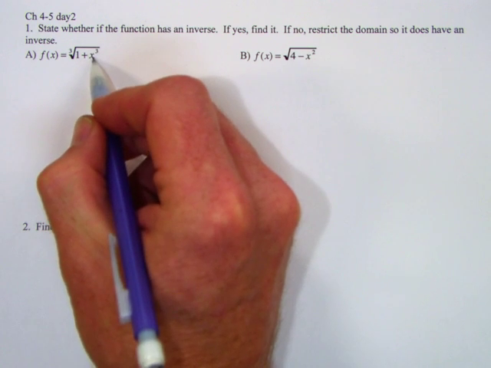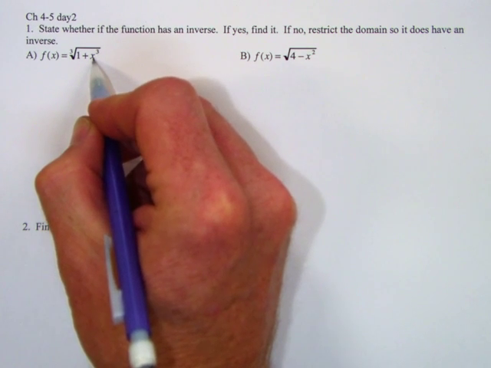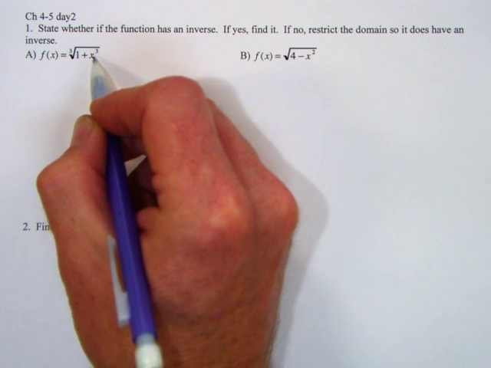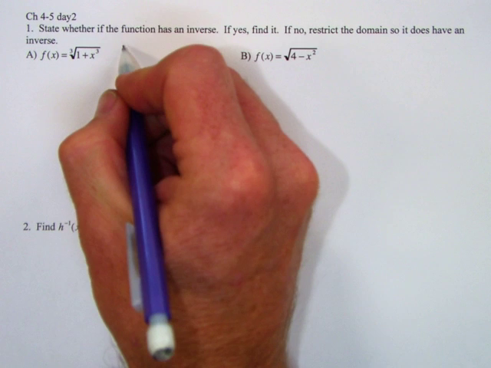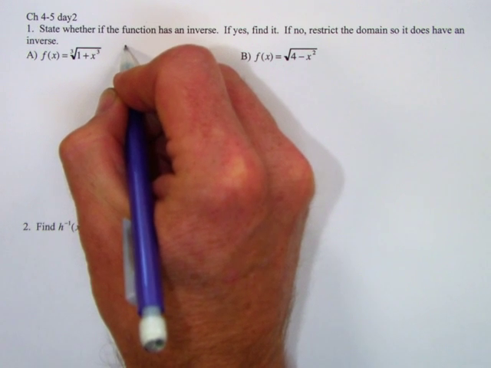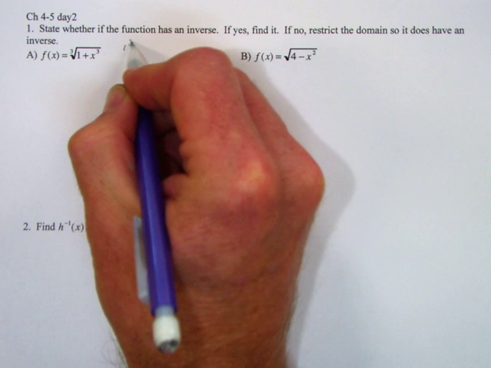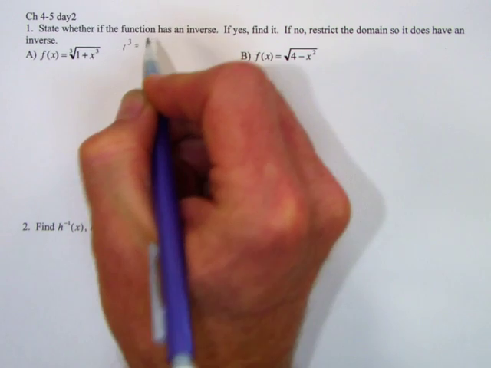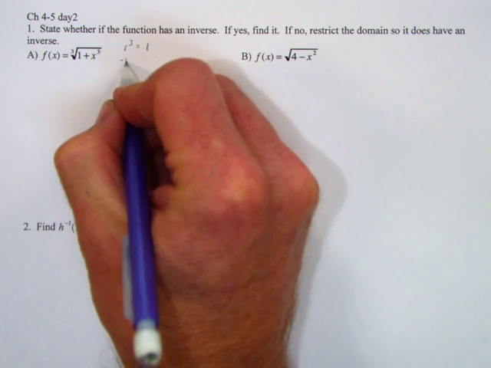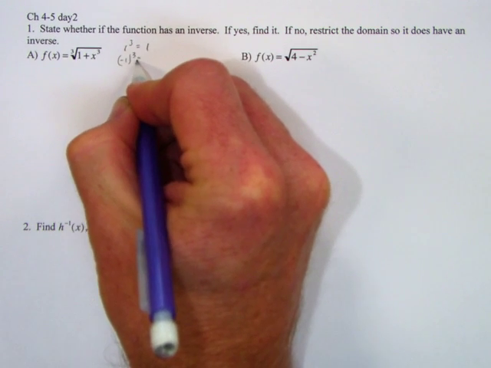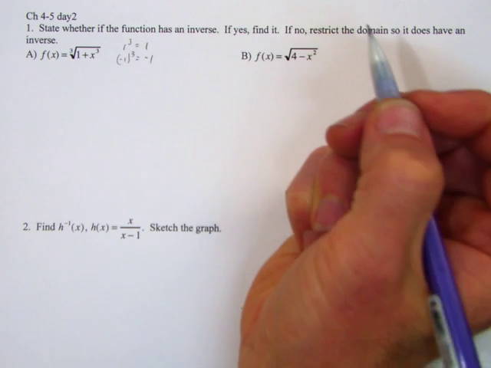Let's think about what's going on. If you cube a number, is it possible to cube two different numbers and get the same result? For example, can I cube 1, 1 cubed, and I get 1. Is there any other number I could cube that I would get 1? What if it was -1 cubed? That I get -1.